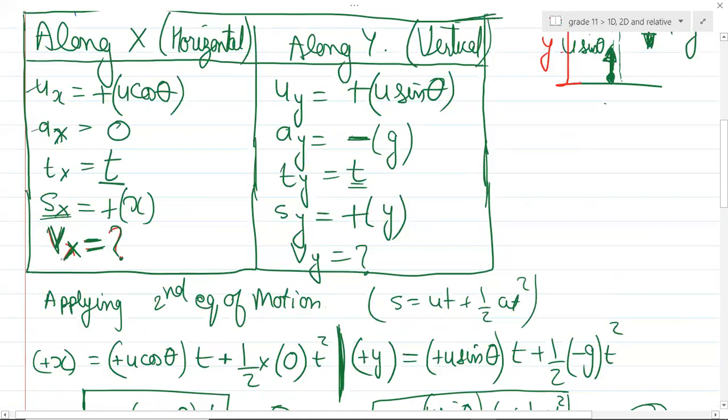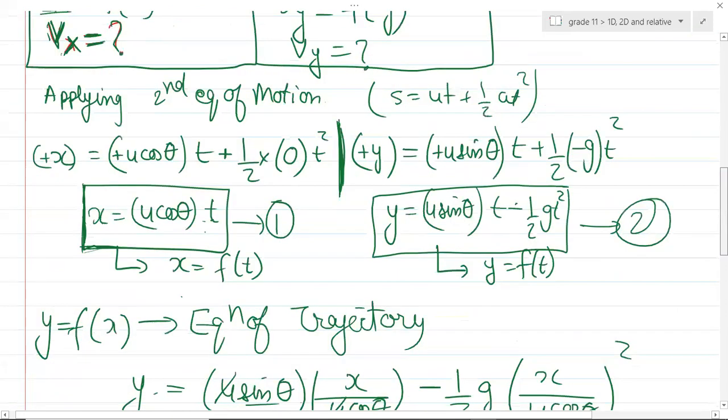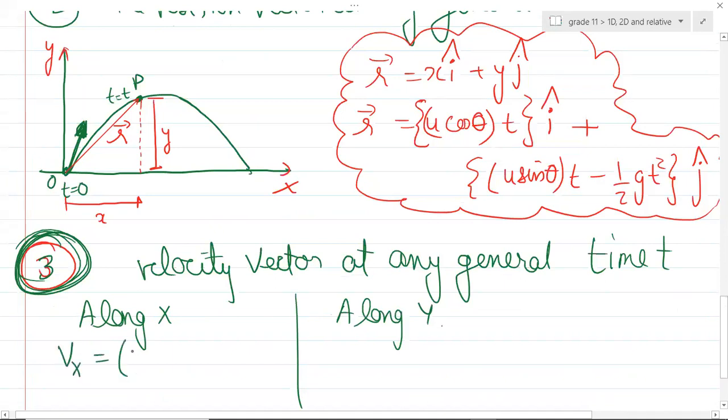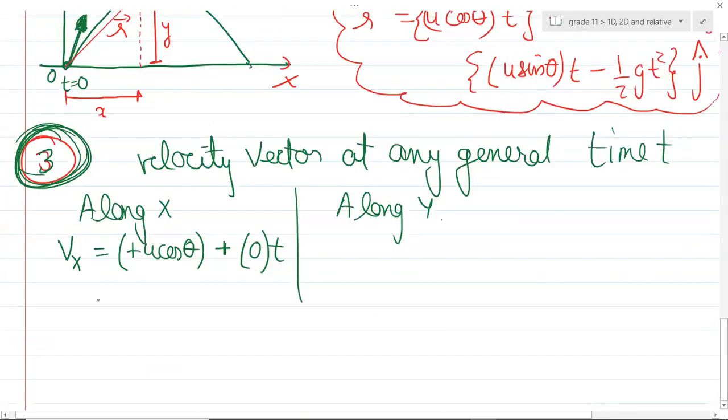But if I want to find v, then I use the relation between v, u, a, t: v equals u plus a t. Along x, Vx is equal to u cos theta plus 0 multiplied by t. So Vx is equal to u cos theta, which is equal to u x.